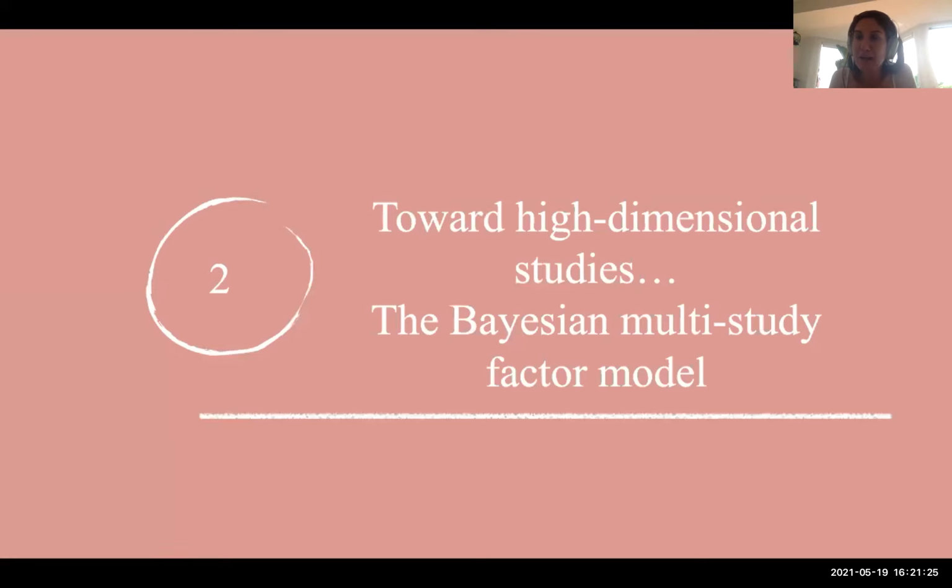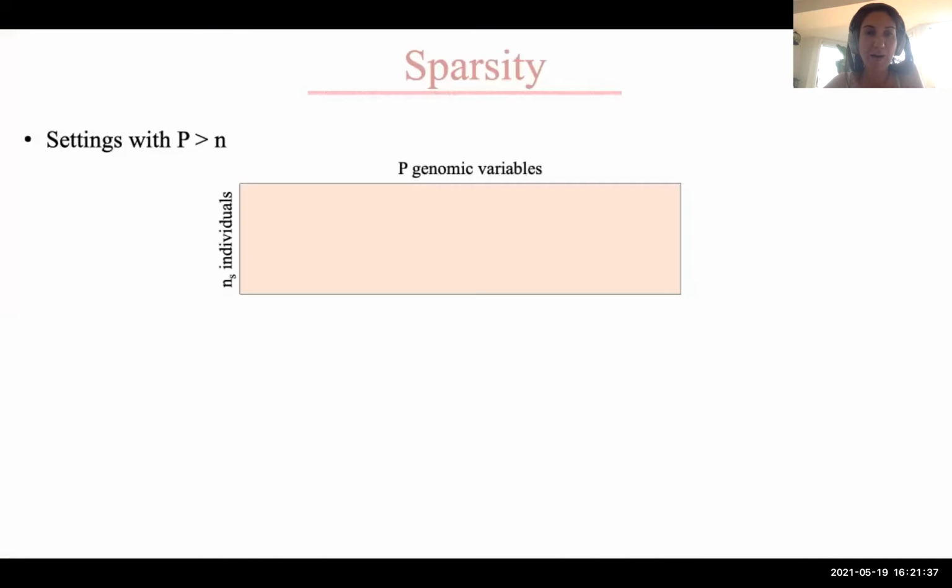Right now we considered just, as you see, few variables, but I wanted to go to high-dimensional studies and settings. I think we are more used to seeing these sorts of settings where you have thousands of genomic variables and a small sample size. Generally, we have settings where P, the number of variables, is much greater than the sample size, and so the factor analysis cannot estimate the parameters this way.